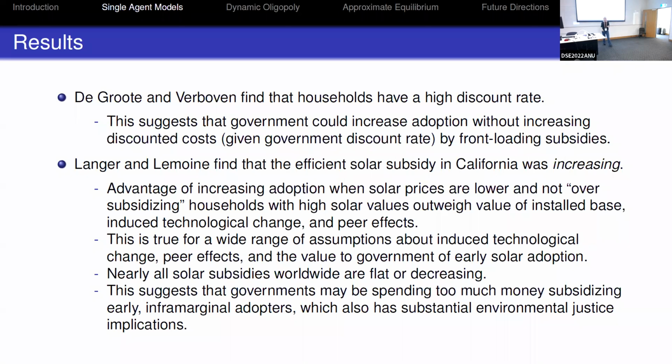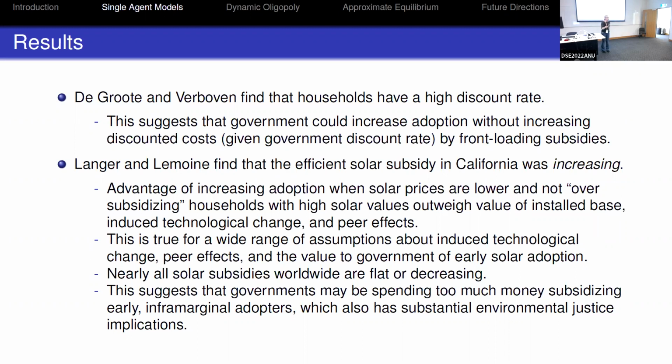In our paper, we actually find that in California, the efficient subsidy is increasing. Okay. We can't find a single solar policy around the world that's announced as increasing. The advantage of this increasing subsidy is that we really take advantage of those declines in solar prices that we're expecting, right?